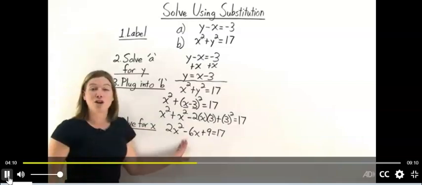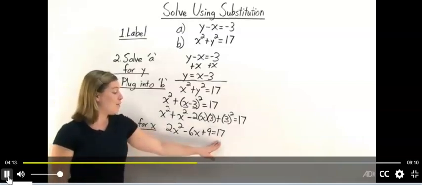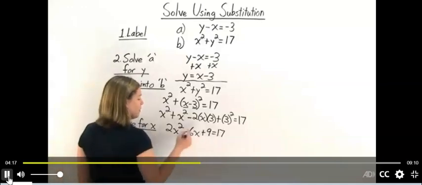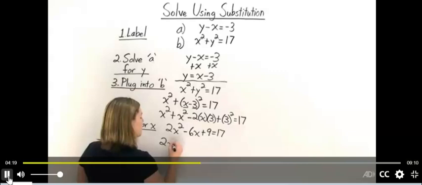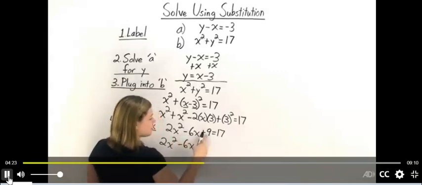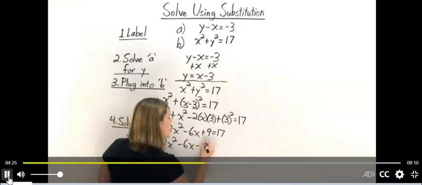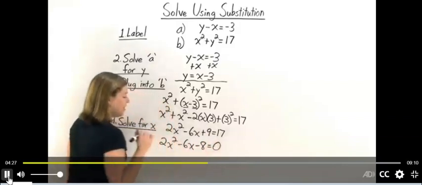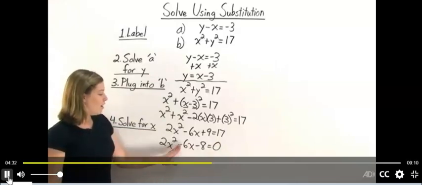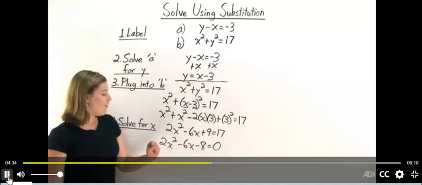Now, to help us solve a quadratic equation, it can be helpful to take everything and move it to one side. So let's subtract 17 from both sides so that all the terms are on one side. When we do, we have 2x squared minus 6x, and then 9 minus 17 gives us a -8. Now, take a look at these terms on the left. We have 2x squared, -6x, and -8.